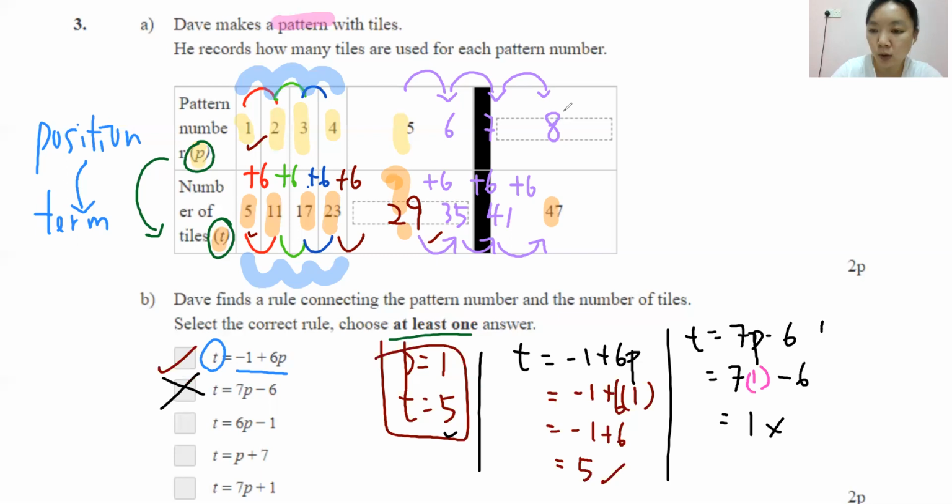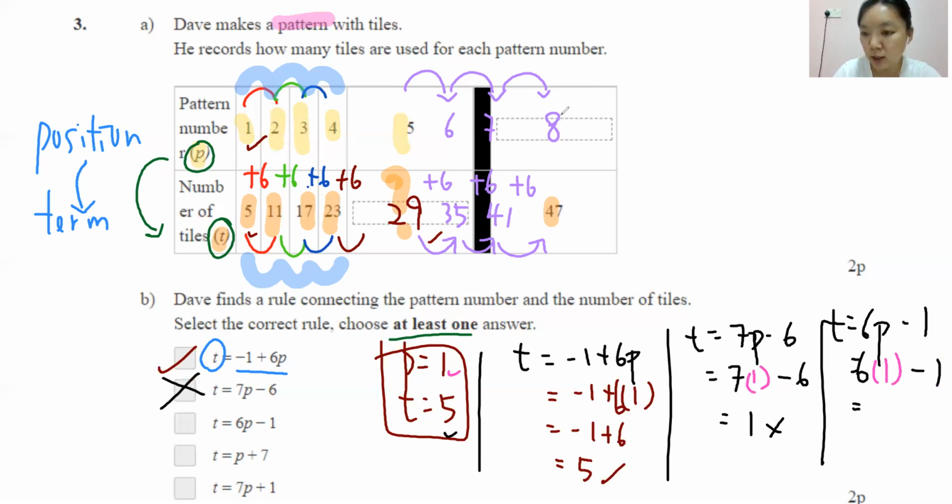And then try the third one. T equals 6P minus 1. My P here again is 1. Put 1 inside. Others remain the same. 6 minus 1 is 5. Hey, this is correct. So I mark here. And try out the fourth one. T equals P plus 7.